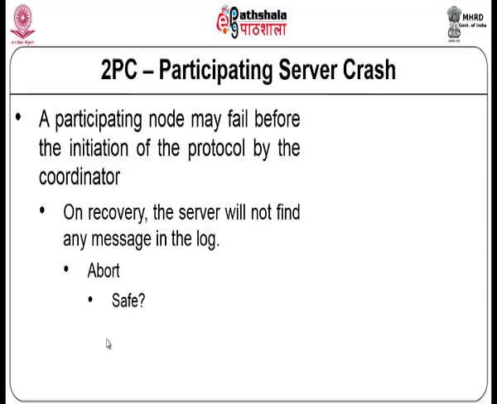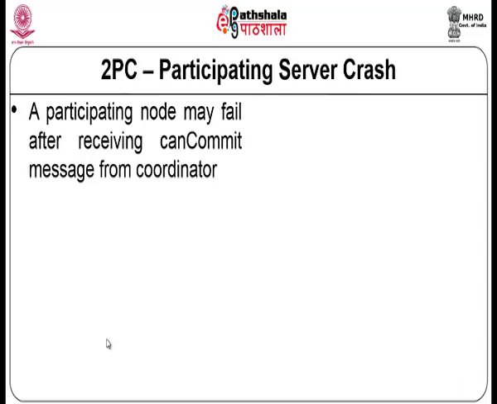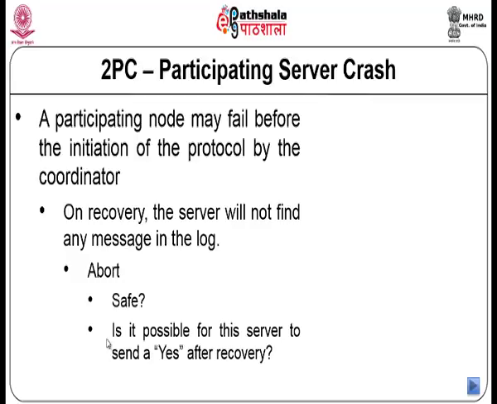Is it safe to consider that it is an abort? It is completely safe, because if other participating servers have said CAN commit without any decision from this specific server, the coordinator would have taken an abort decision, would have timed out, would have not received all the responses.